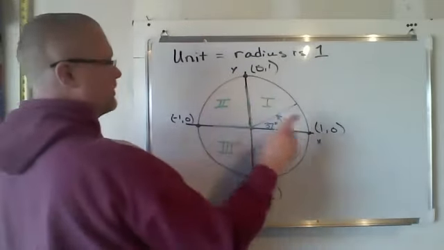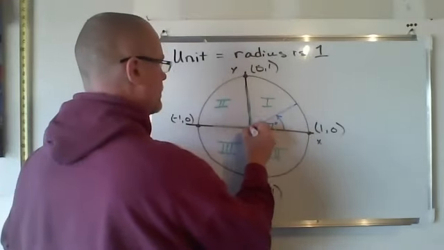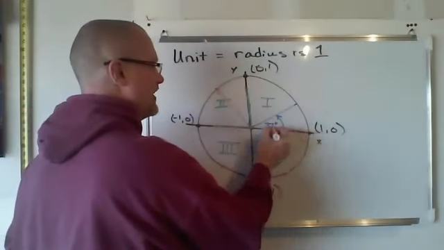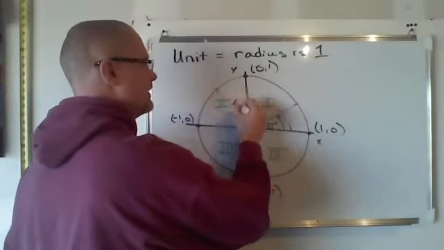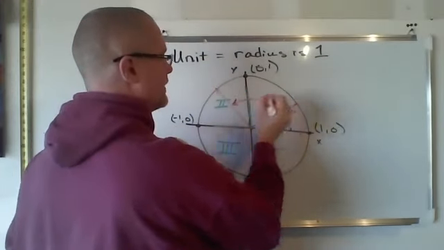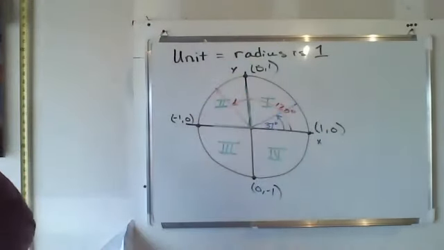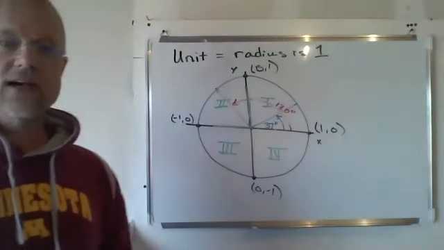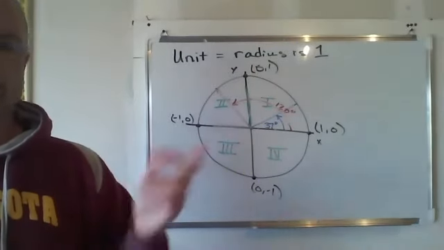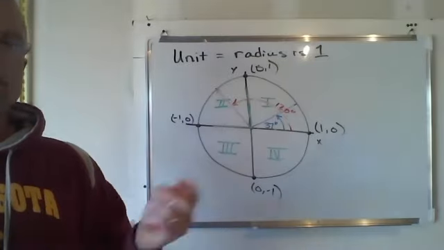That's right about there. This angle from here to here would be 120 degrees. That's how we determine our spins into the quadrants in the unit circle.